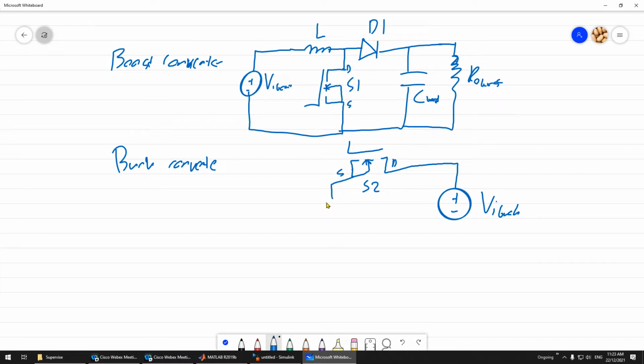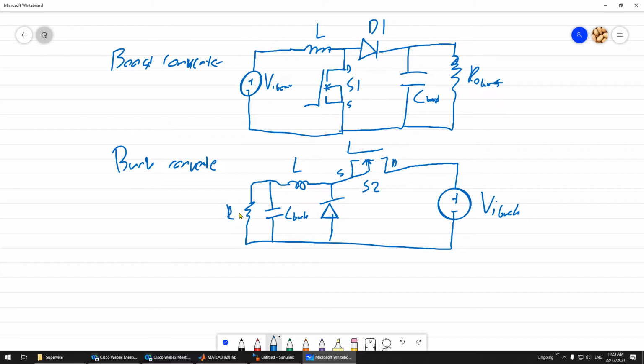Okay, and then you have a diode here, and you have an inductor, and then you have a resistor. Okay, this is L, and don't forget the capacitor, C buck. Okay, and then this is the resistor, R buck. Okay, so it's something like this.